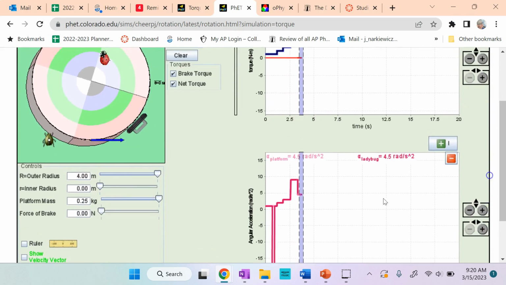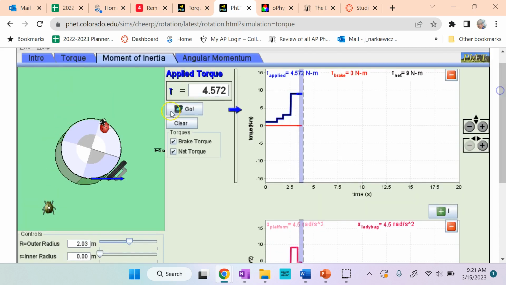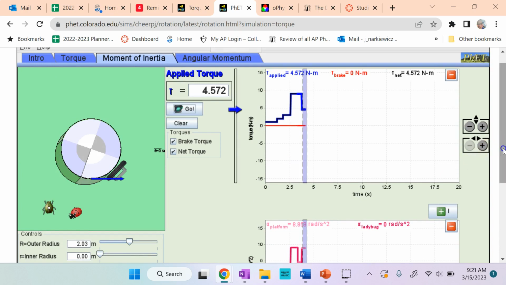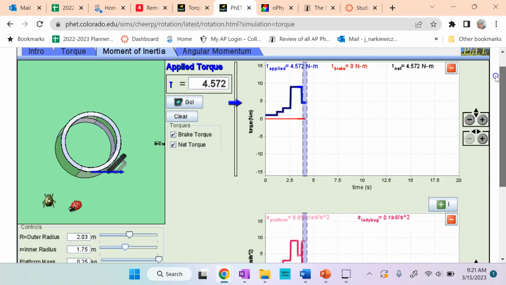I could change the outer radius. It was 4.5 when I changed the mass, and now it's 8.85, so the outer radius matters. Then I could change the inner radius, which makes it a hoop. Now my angular acceleration is 5, and the ladybug fell off.